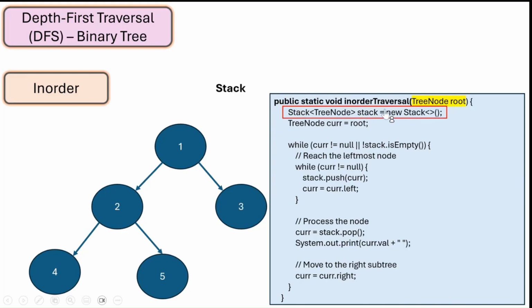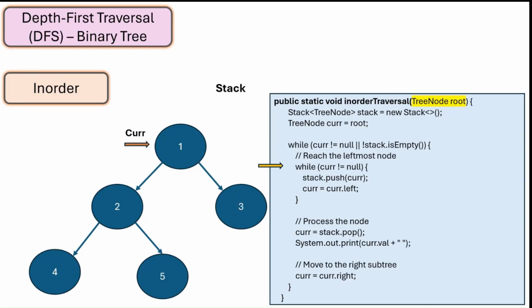So initially the stack is initialized. Then we are maintaining the current pointer, which is pointing to the root, which is 1 here. Then in this while loop, if current is not equal to null, or at least there is some element to traverse in the stack, we continue. Because it is in-order, we need to traverse the left subtree as deep as possible till we hit null.